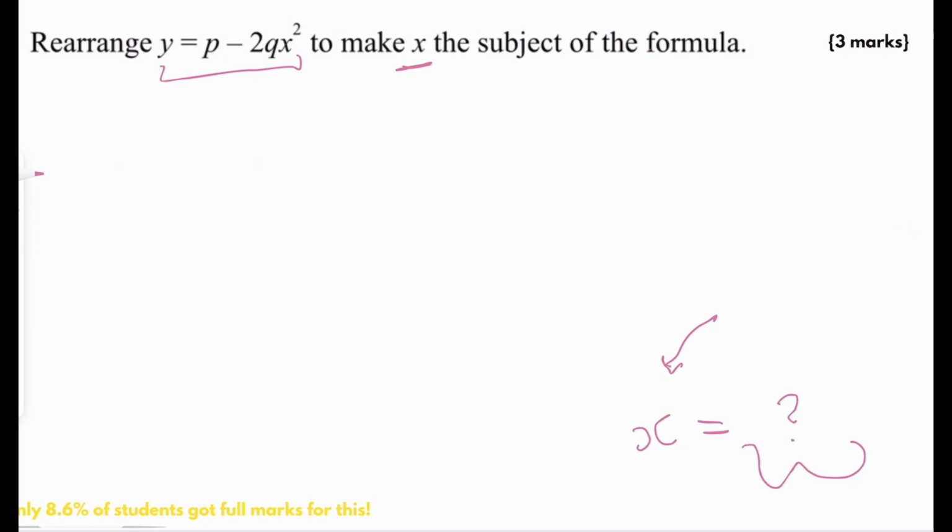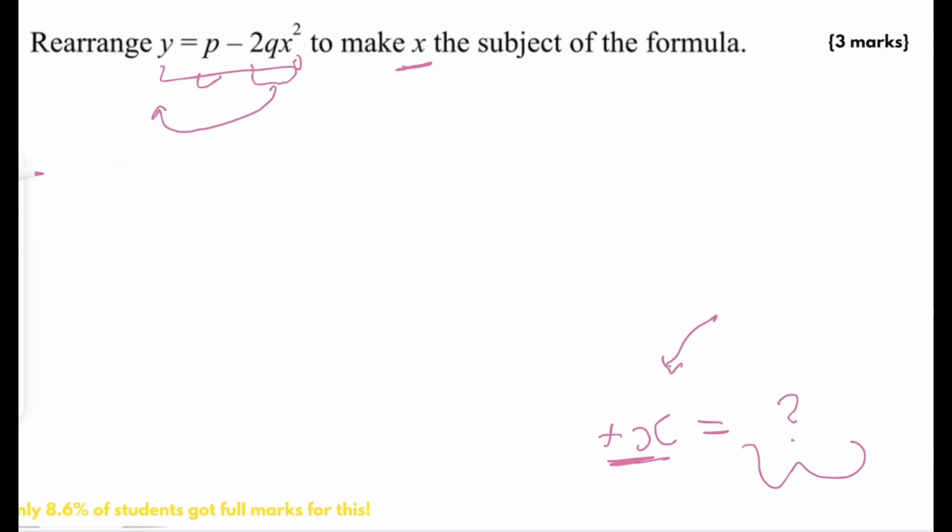Now first I can see that this expression 2qx squared is on the same side as the expression of p, and I don't want that. I want the expression of x to be on itself. So I'm going to move this expression to this side because it's negative. I want it to be positive to make things easier. It's normally easier to make things positive for the expression trying to make the subject.